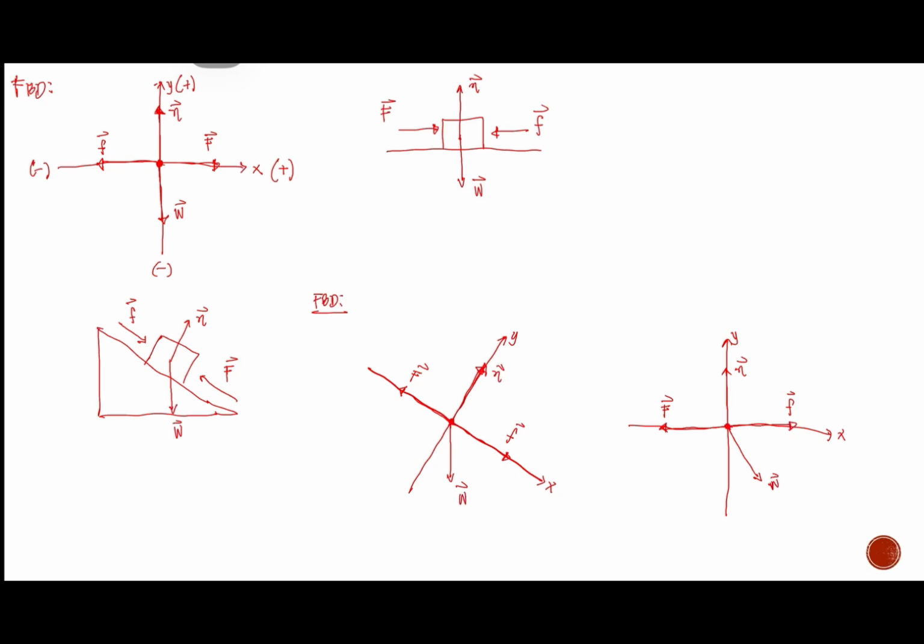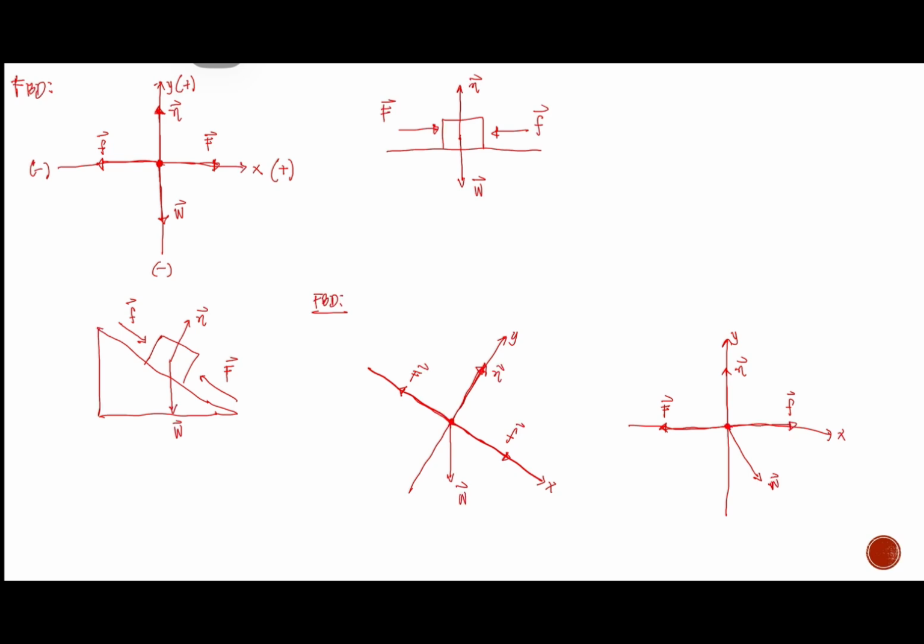Because if you are still having a hard time drawing the free body diagram when the surface is inclined, then you can also have your free body diagram inclined. And then you can redraw it back to the regular Cartesian plane. Okay, so that is how you would draw a free body diagram.